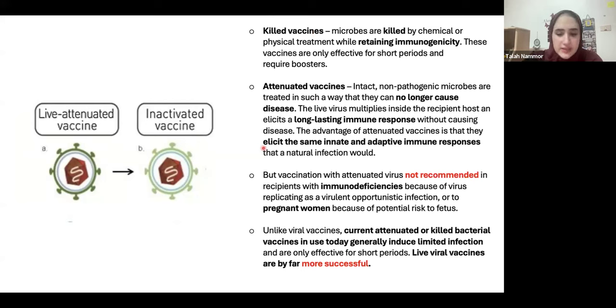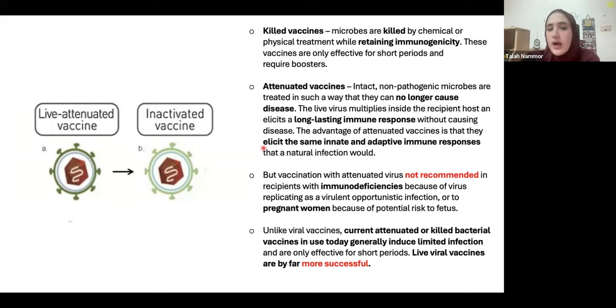But with attenuated vaccines, keep this as a rule: you never give it to a pregnant lady or to a patient who has immunodeficiency. Immunodeficient people are those whose immune system is deficient. They can't fight off infections, like people who are on immunosuppressants, for example transplant patients who take medications for life to prevent the immune system from attacking the organ.